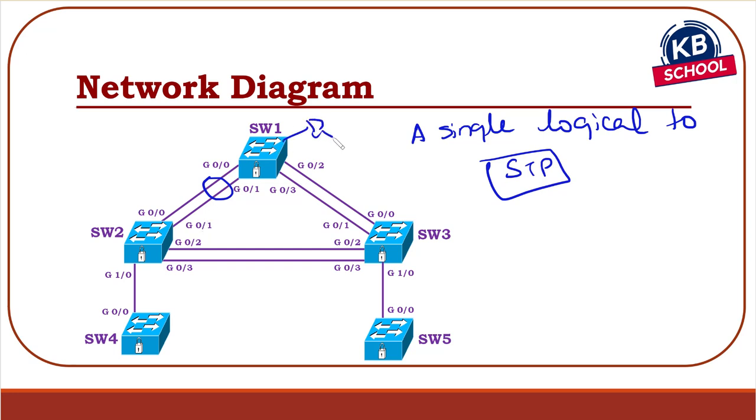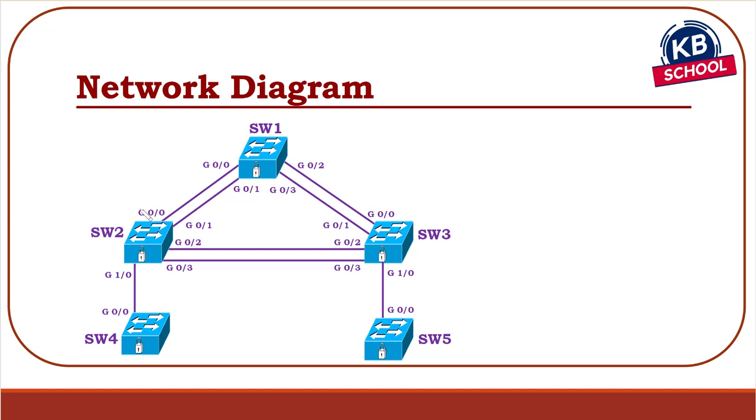So when the broadcast came in from these PCs, PC1 and let's say PC2, it would forward it on this port to the other side, on both the ports simultaneously. How about the loop? Well, ether channel or port channel has a built-in capability where it looks at the two member ports. So when a frame comes in from one of the member ports, not based on the switch, but based on the ether channel capability, it is not going to send the same frame back on another port that belongs to the same ether channel.